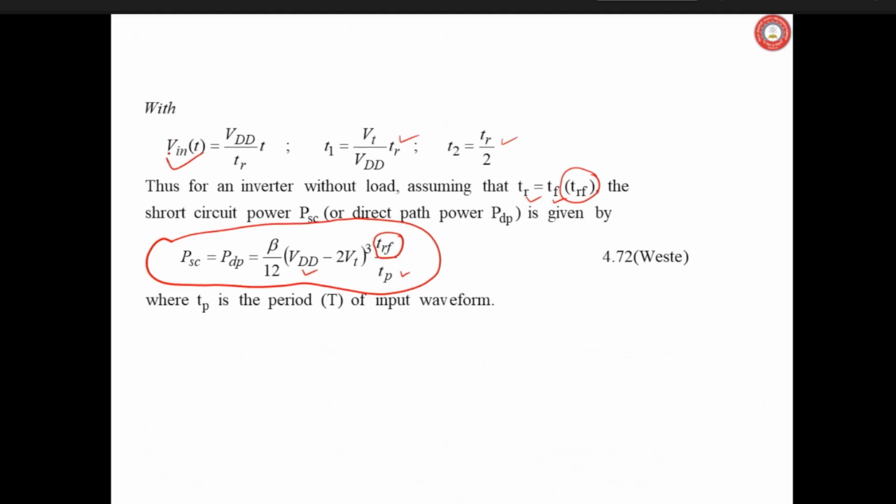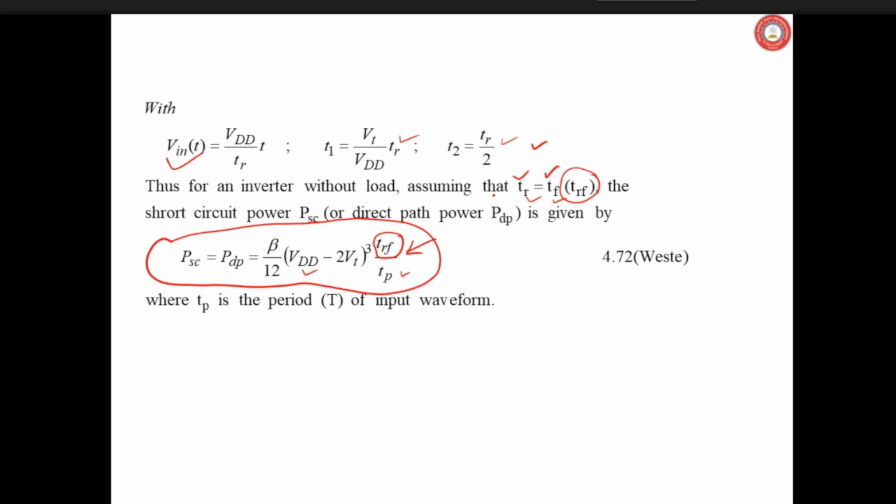See, with beta in equals to this and T1 equals to this. Thus, for an inverter without load, assuming that TR equals to TF. In this expression, we have written TR or TF.